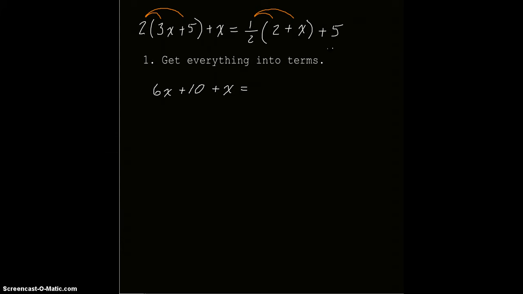It won't affect this plus 5 because the parentheses finished it or closed it off. Okay, so 1/2 times 2 is 1. 1/2 times x, that's just going to be plus 1/2 x, and then I'm going to have plus 5.